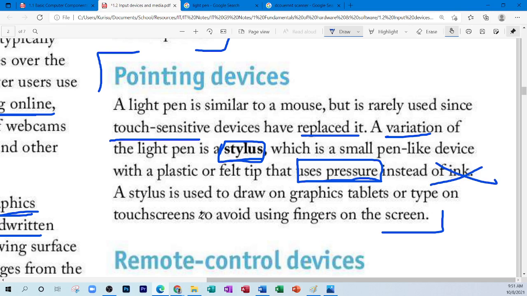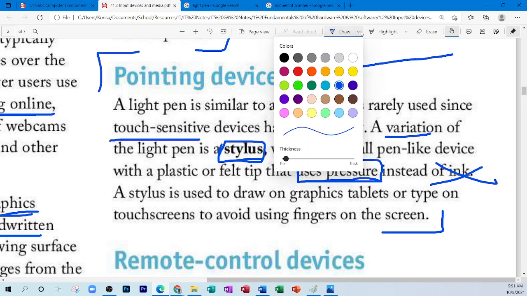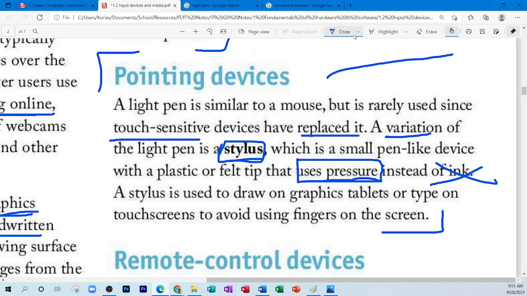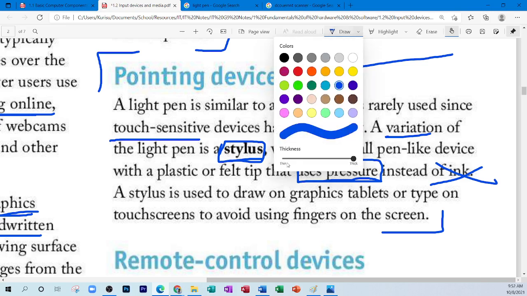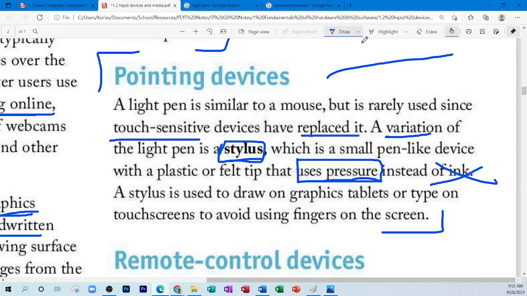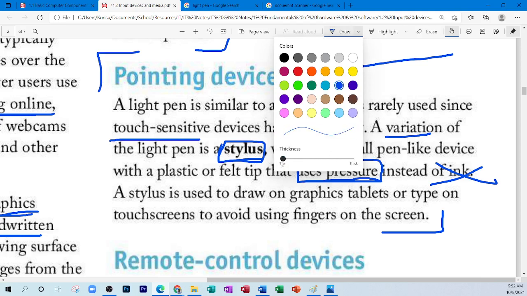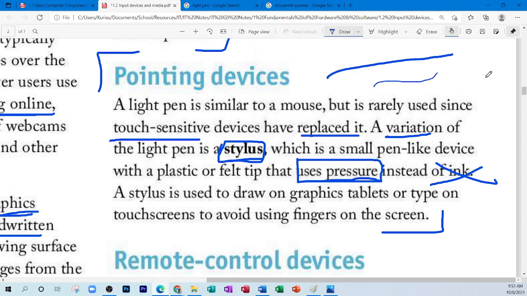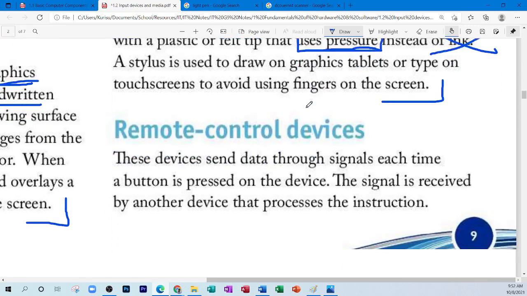If you press too hard, the drawing might appear deeper, but if you press light, it might appear smaller, like how you're seeing on the screen here. So that is pointing devices, the light pen, the stylus.